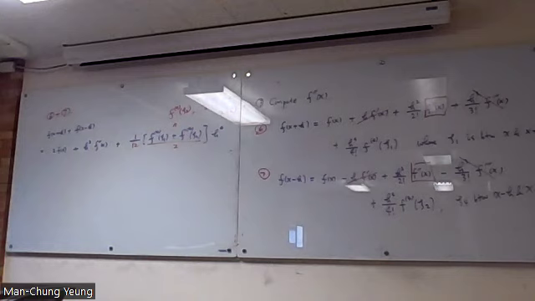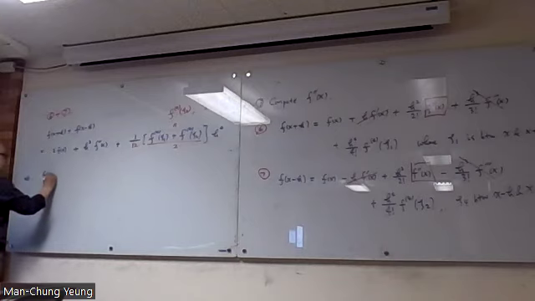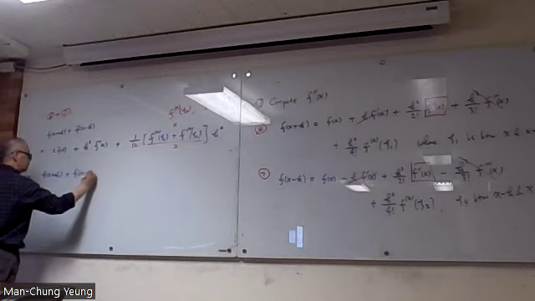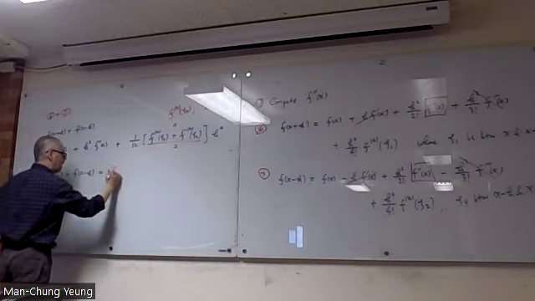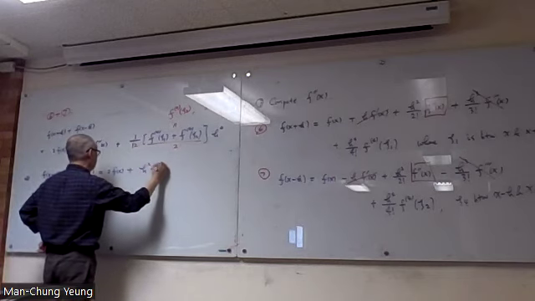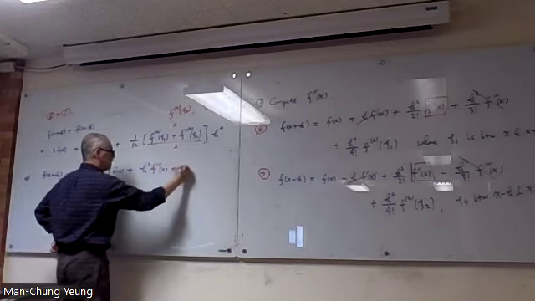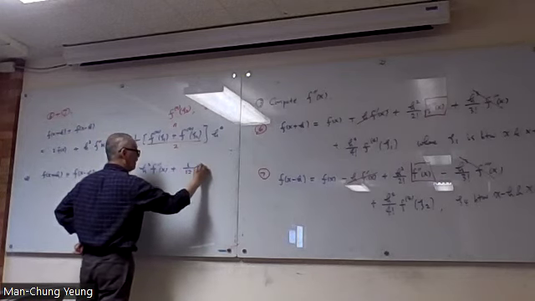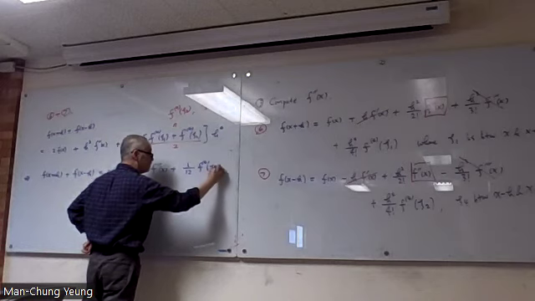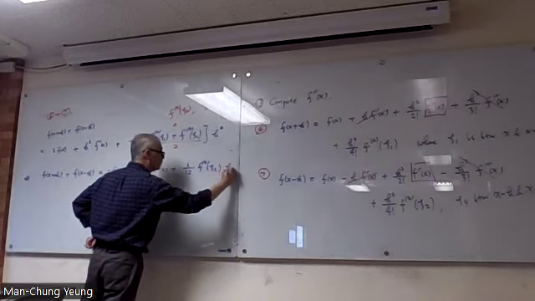Very simple. So we have f of x plus h plus f of x minus h is 2f plus h squared times the second derivative, plus 1/12 times the fourth derivative evaluated at some point psi 3 times h to the 4.